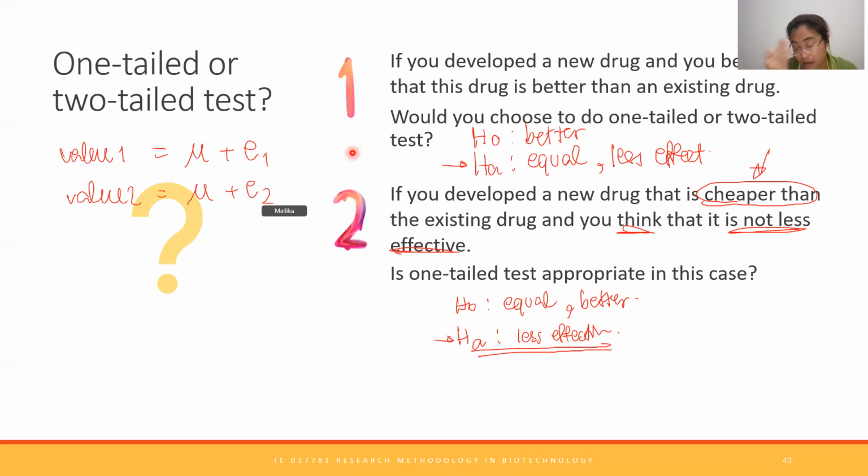The point is that most of the time in our case, we want to prove whether these two values are different. So we compare if this one is equal to zero. So that's how it goes for our H-naught.